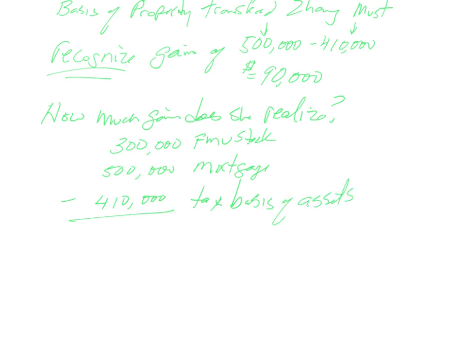Okay, and so what is her realized gain? Well, her realized gain is significantly larger than her recognized gain. Her realized gain is $390,000. So that is her realized gain. Okay?